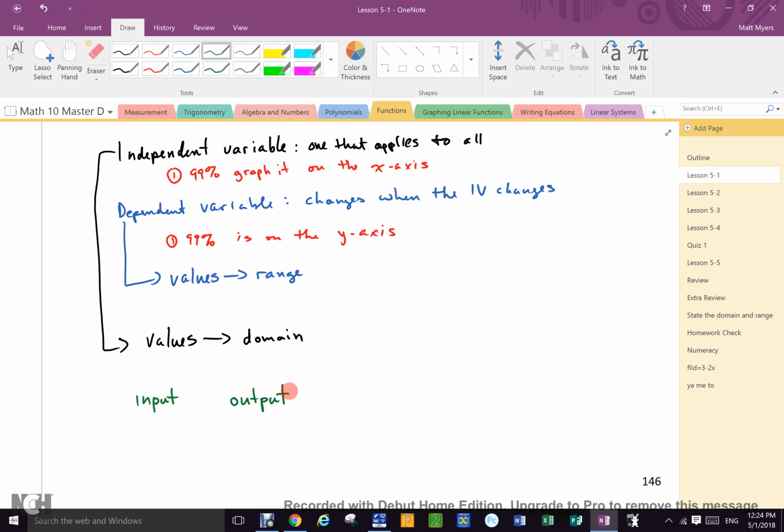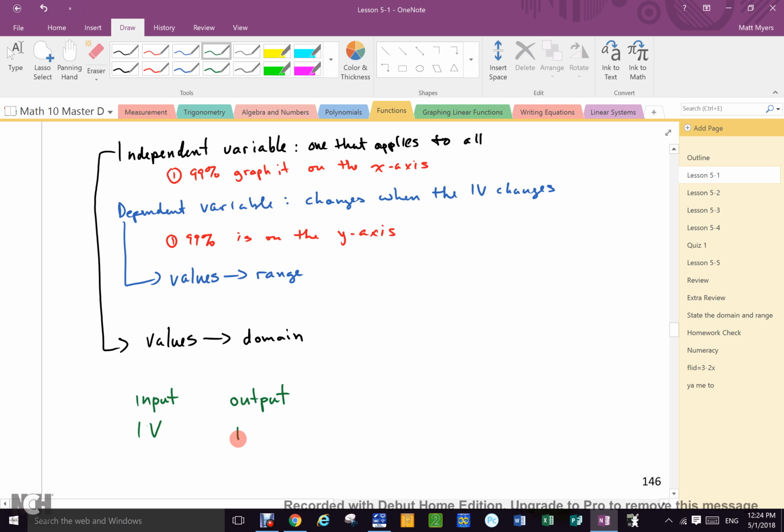So if I give you an input, that is your independent variable, because that's where you're starting from. Think of that graph of dogs. If I don't say the name of a dog, is that graph useful to you? No. So I had to input the name of the dog that I wanted the height for before you could tell me the height, correct? So the input is the IV.